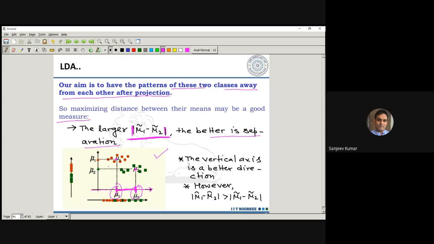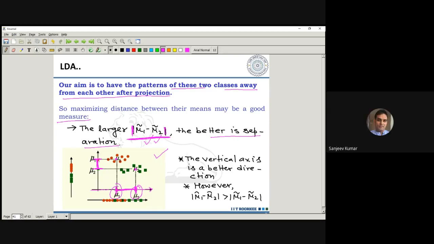If I project it onto the vertical axis, these are mu2 tilde and mu1 tilde, and this is the distance. So for horizontal or vertical, in which direction is this bigger? Anybody? In horizontal I have this much distance, in vertical I have this much. Which one is bigger?